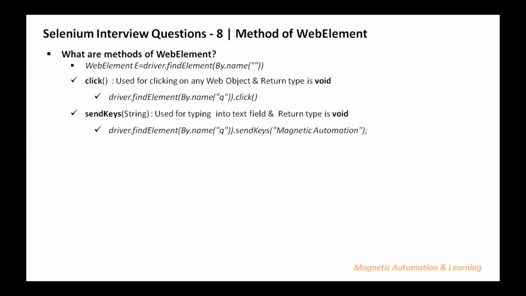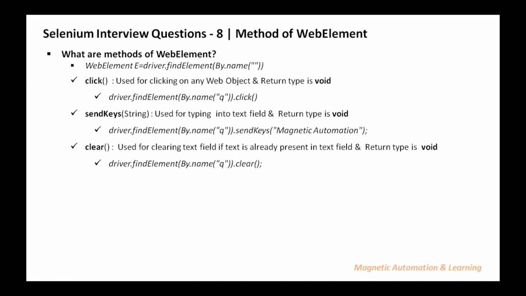While using send keys, you need to pass the string that you want to type in the text field. Like I have given the example driver dot find element by dot name dot send keys, and inside double quotes I have mentioned magnetic automation. So magnetic automation is the text which Selenium is going to write on the text field.